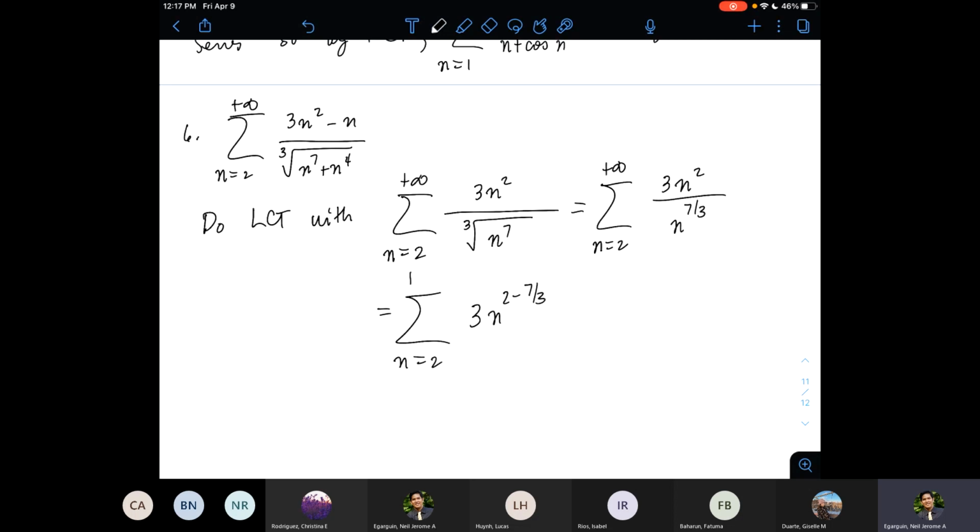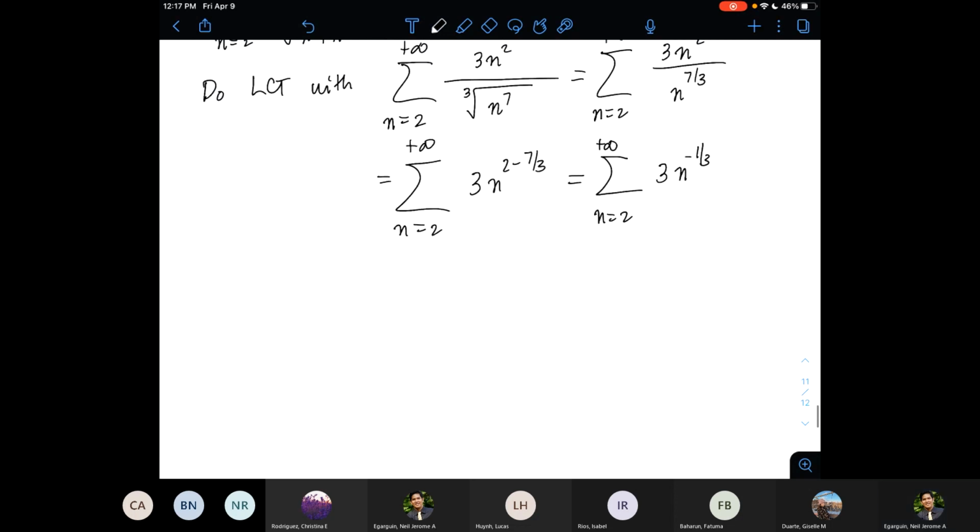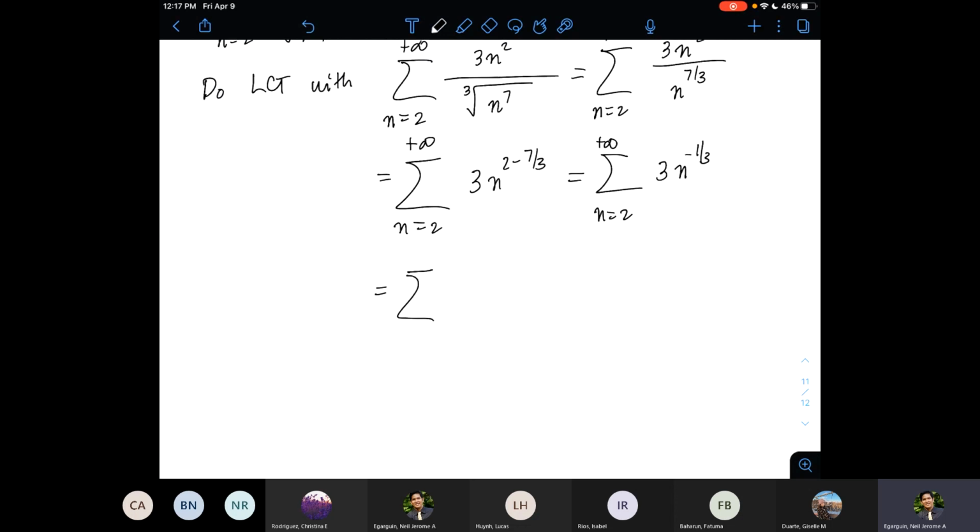Remember, laws of exponents: when you are dividing two powers of the same base, we simply subtract their exponents. So finally, the testing series is equal to 3 times n to the negative 1/3, or in a nicer form, 3 over n to the 1/3.